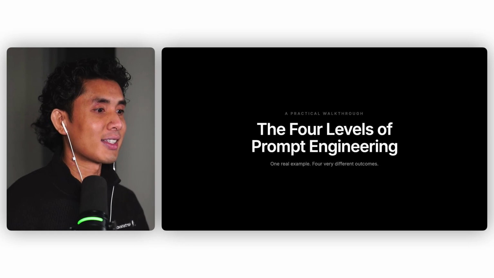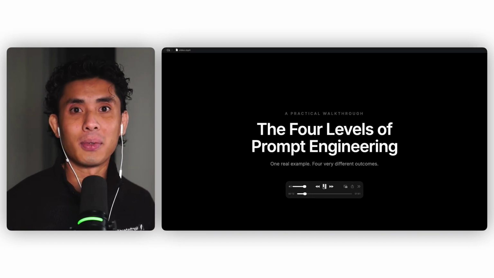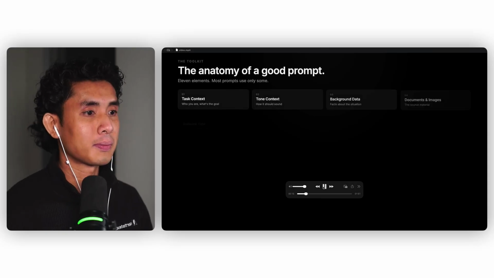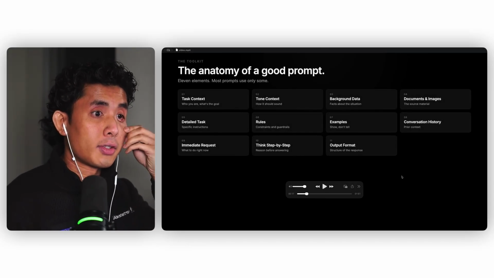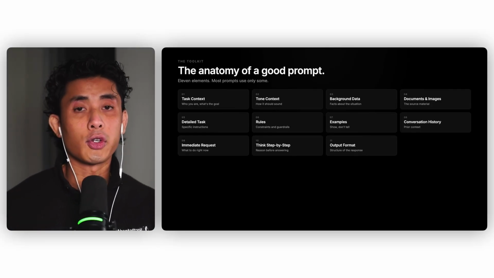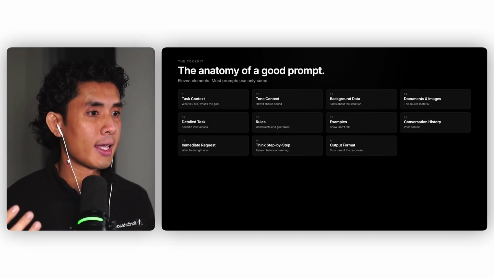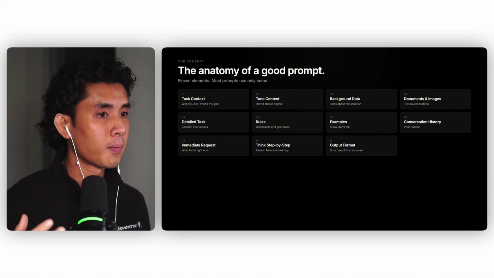Let's look at a few different elements of what even makes up a good prompt. The way I think about it is the anatomy of a good prompt has certain elements to it. And here I've listed out what some of those elements look like.